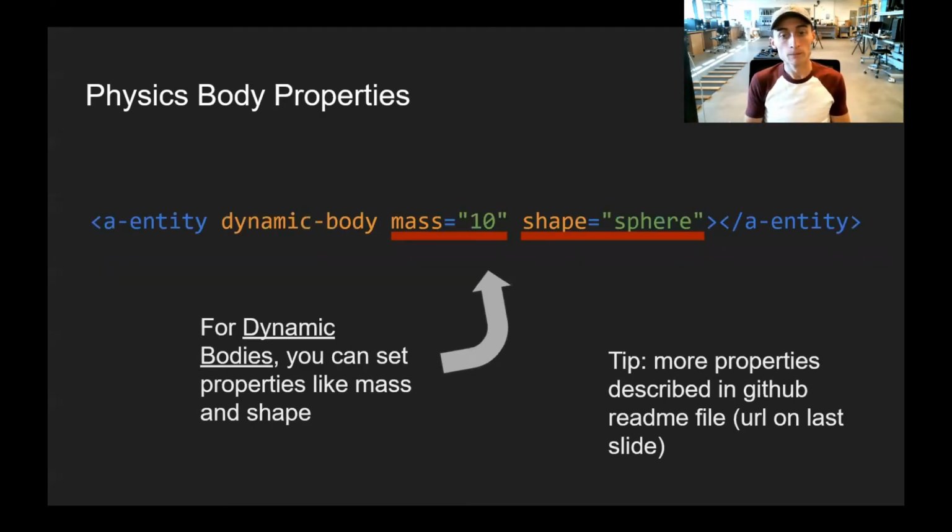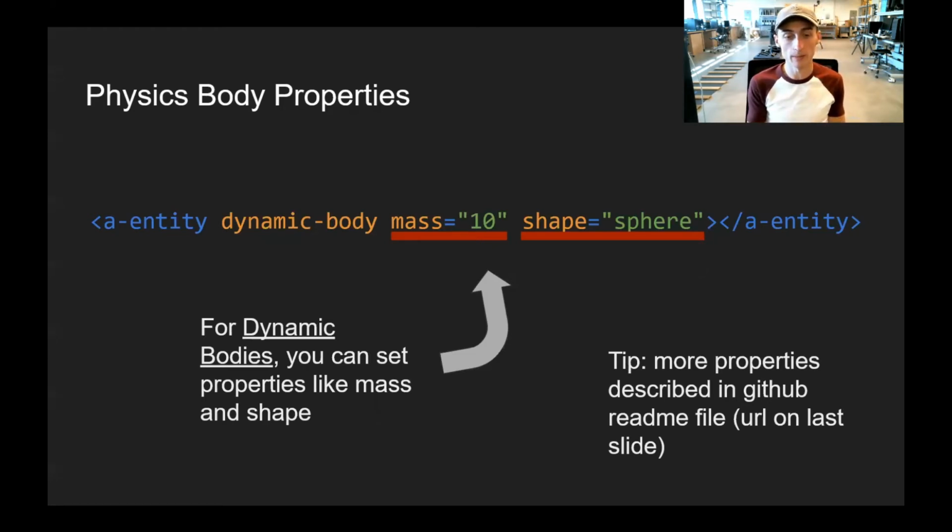All right. So for the dynamic body, you can set things like the mass, which is pretty cool. So it'll maybe have more, let's see, kinetic energy when it hits an object, right? Because you have the kinetic energy equaling 1/2 times mass and then the velocity squared. So if you increase the mass here and then it's heading towards an object, it's going to have more of an impact or more kinetic energy.